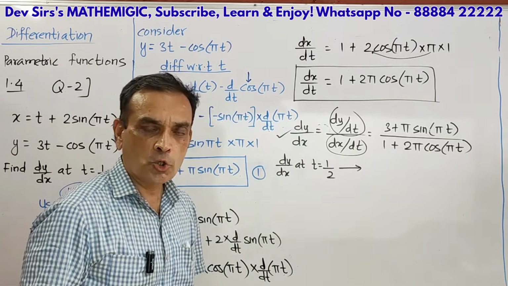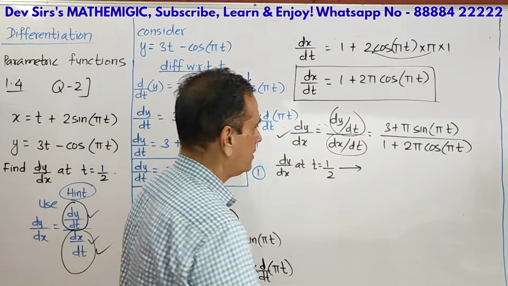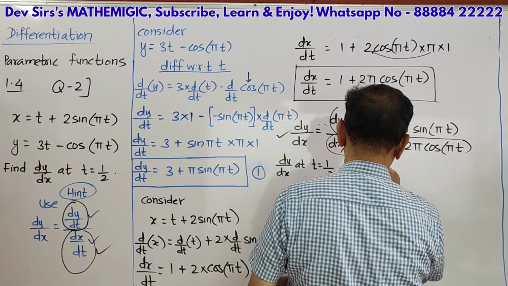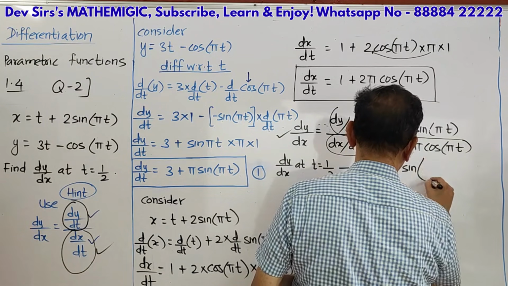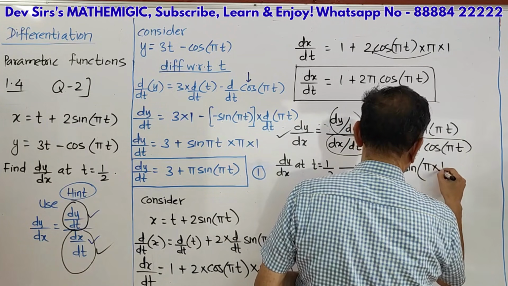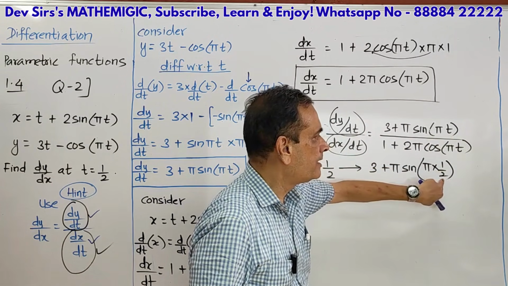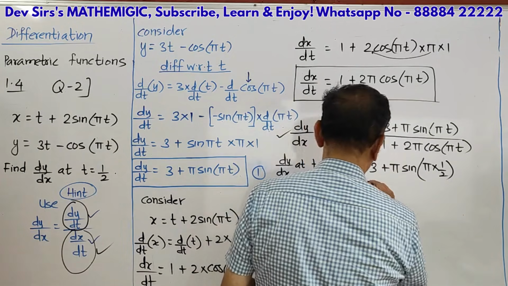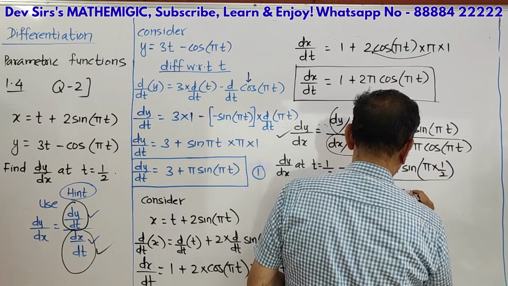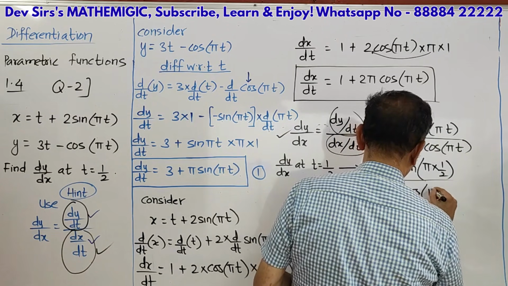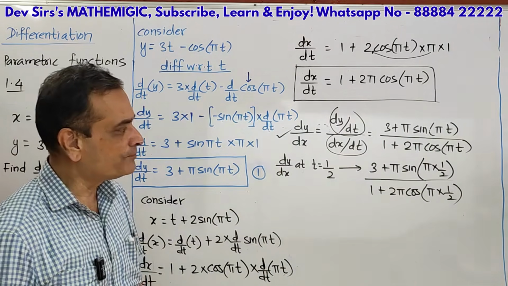That's all. जो dy by dx का आंसर आया है वहां पे t की वैल्यू हाफ ऐसी सब्स्टिट्यूट करो. यहाँ पे t is only over here, so I have taken pi into half. Followed? Quite simple.